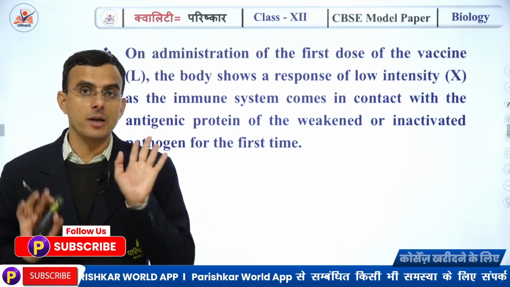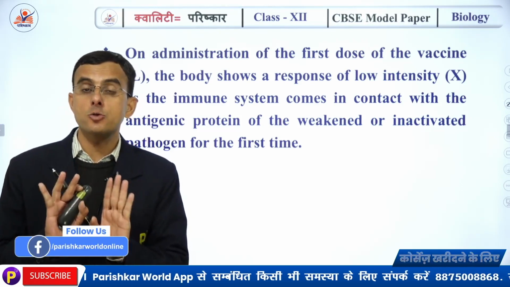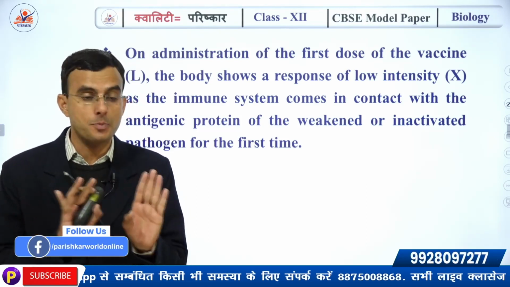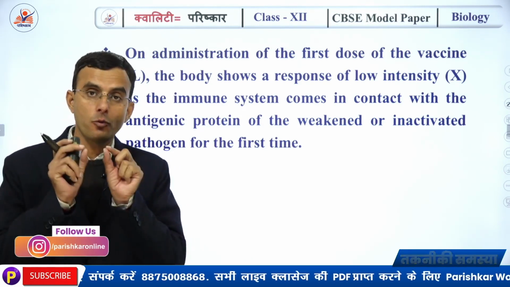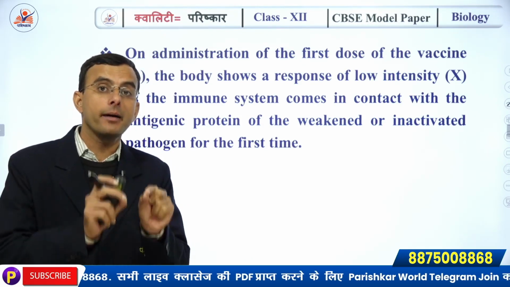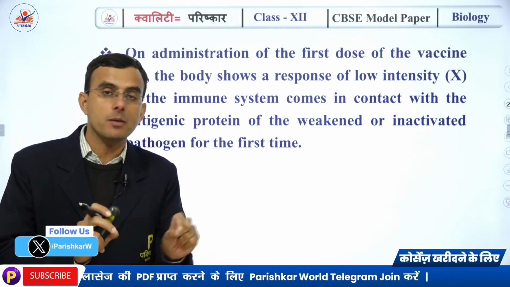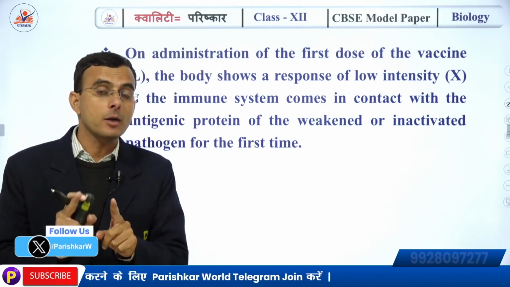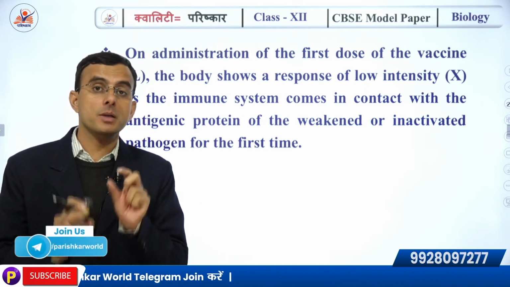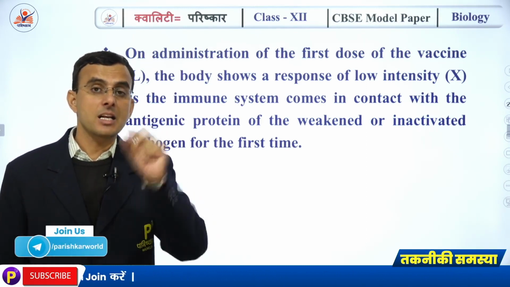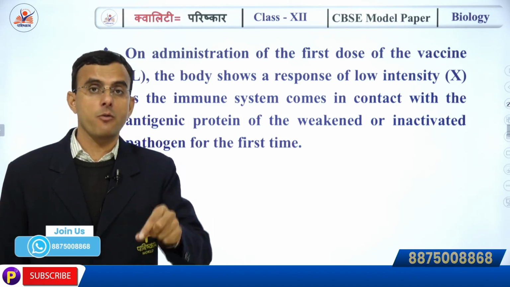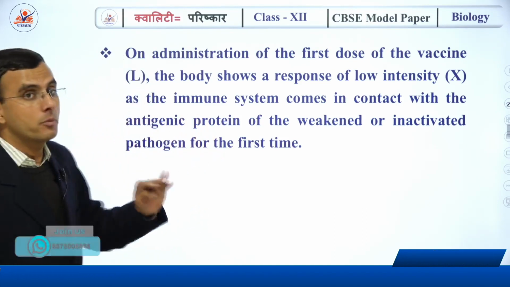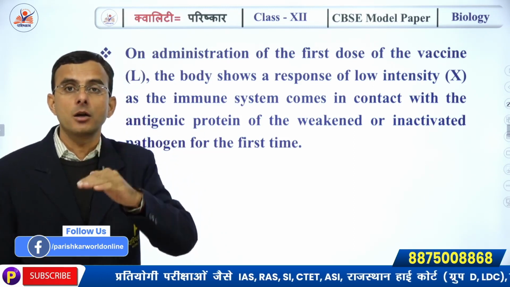That is the first one, because earlier no antigen was present in the body of that particular person. So when we give the first dose of the vaccine, the cells recognize this one. After that recognition, they respond in the form of antibody. Because of that reason, there is a lower response.